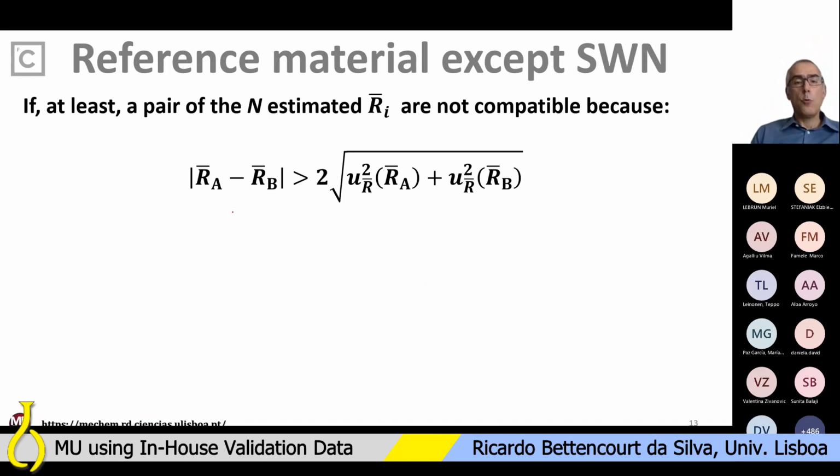How can we do that? We can do that easily by taking any pair of recovery values. Imagine sample A and sample B. If the absolute value of the difference of mean recoveries is larger than 2 times the standard uncertainty of the difference, it means that these recoveries are significantly different.